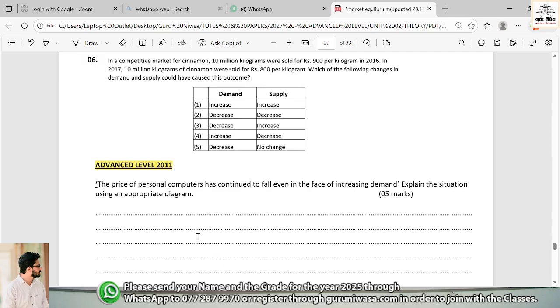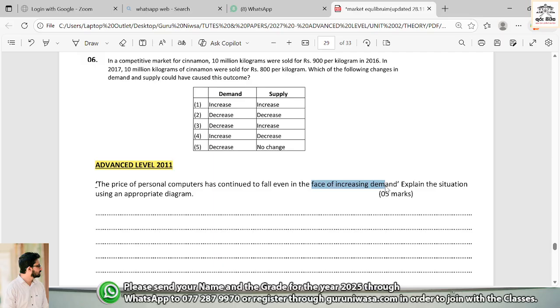Theory, right? Price has continued to fall even in the face of increasing demand. Demand for laptops and personal computers is increasing, but the price of laptops is falling. You get the point? It's something you can see.